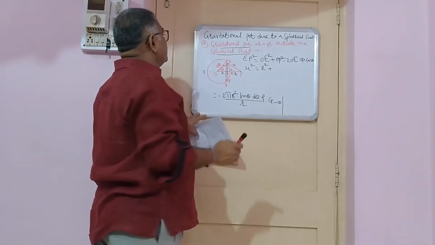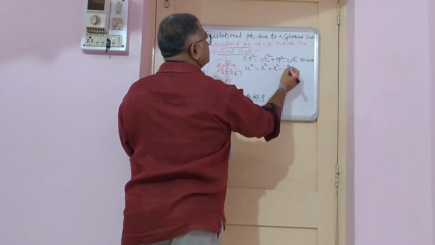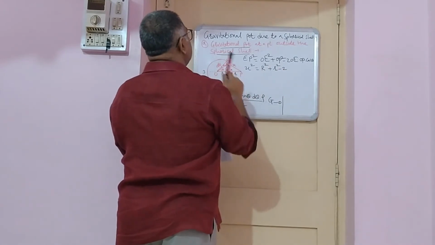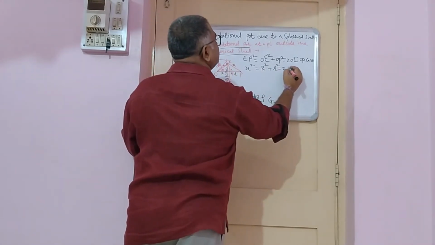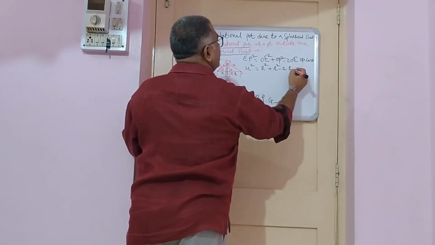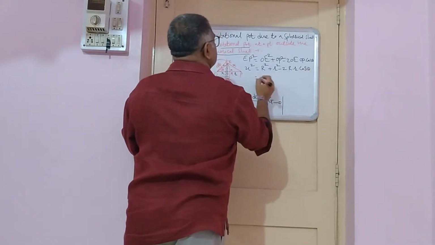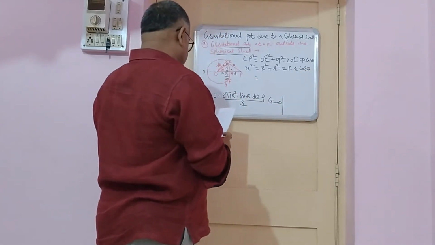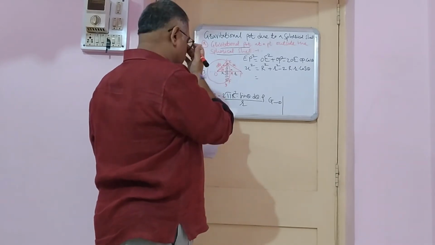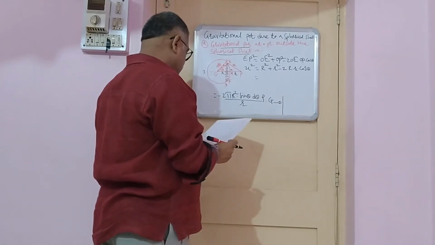This OP square is nothing but small letter r square, minus twice OE into OP, that is twice R into small r into cos of theta.